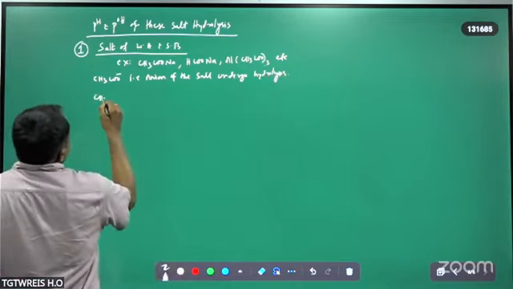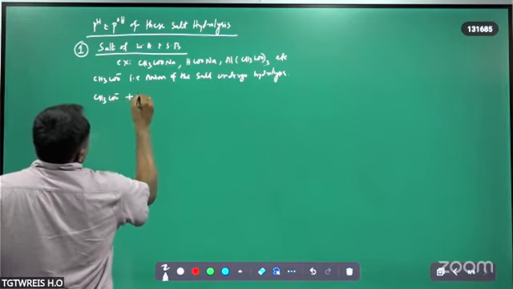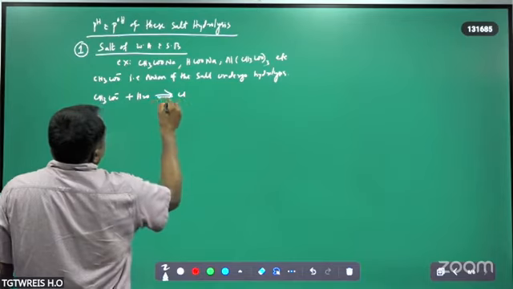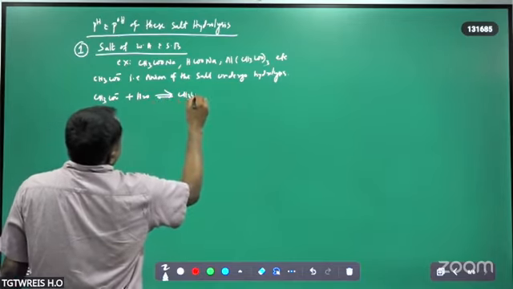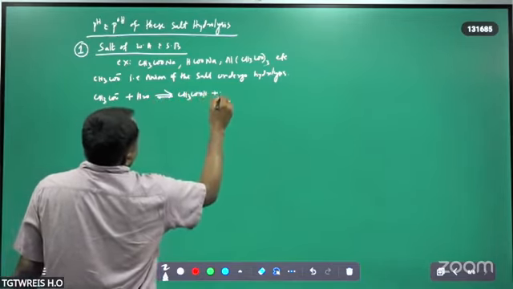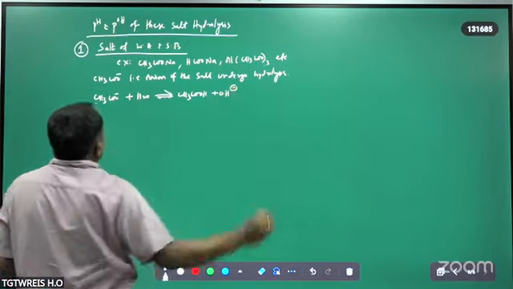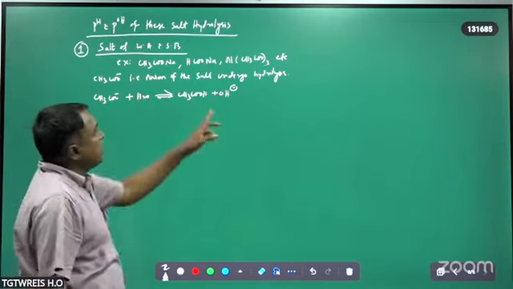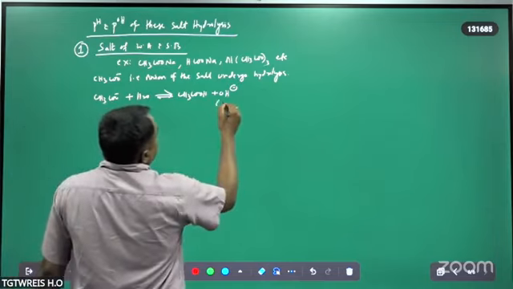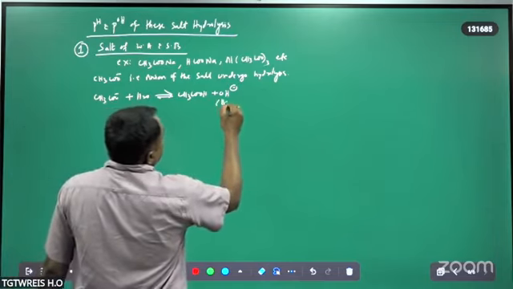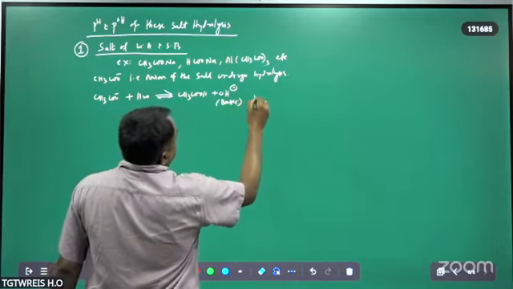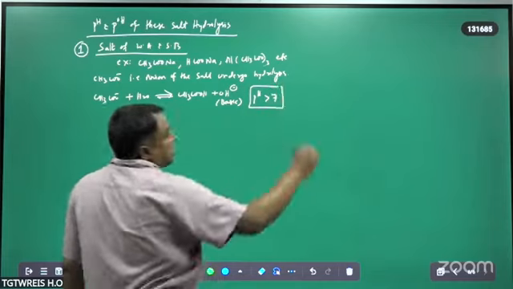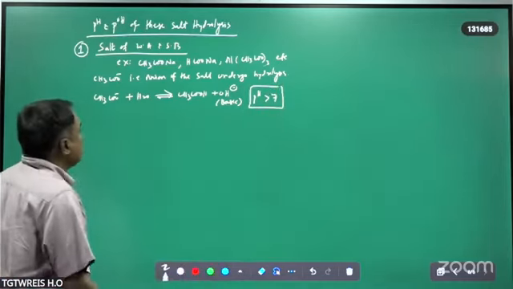CH3COO minus plus water is an equilibrium reaction, giving CH3COOH plus OH minus. So its solution is basic in nature. Therefore, pH is greater than 7 for this kind of salt hydrolysis solution.